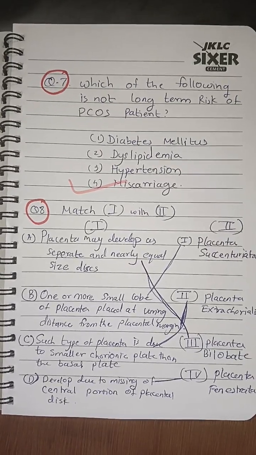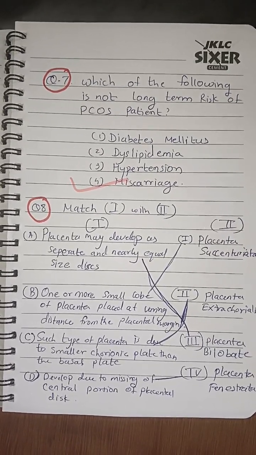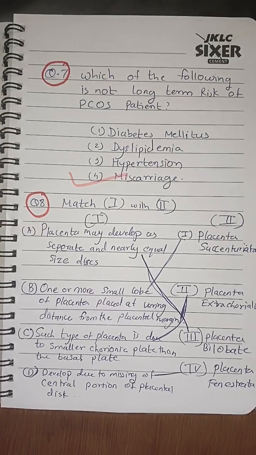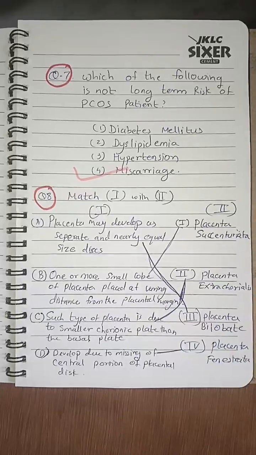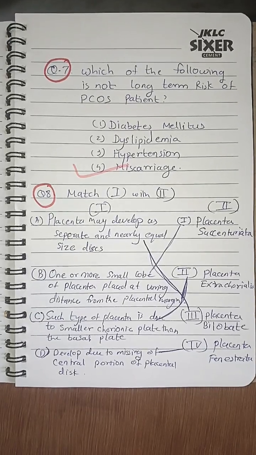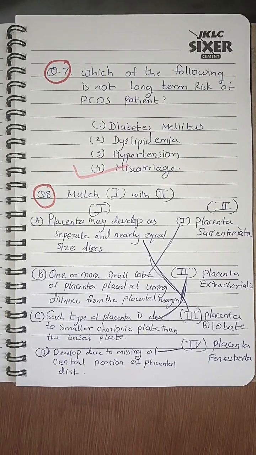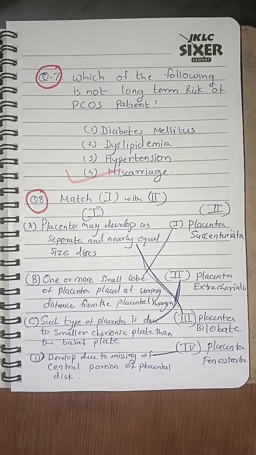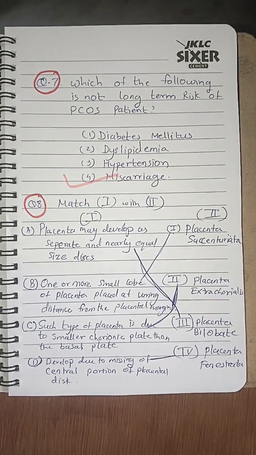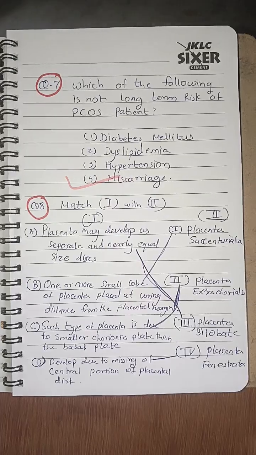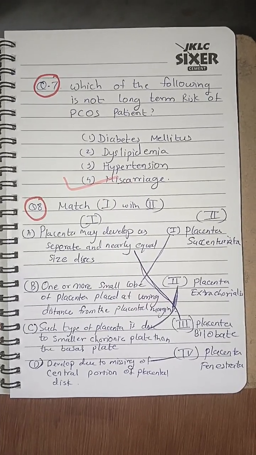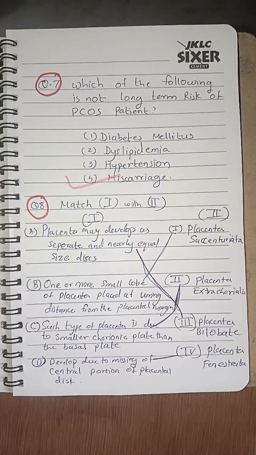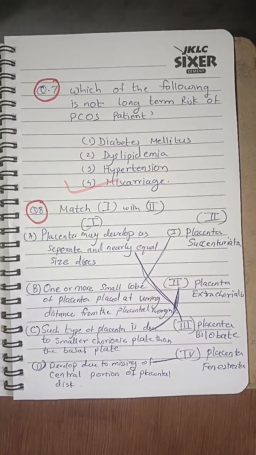Question 8 for this exam was, match 1 with 2. Now in 1 there is placental. A, placenta may develop as separate and nearly equal size disc. This is called placenta bilobate. And B, one or more small lobes of placenta placed at varying distance from placental margin.